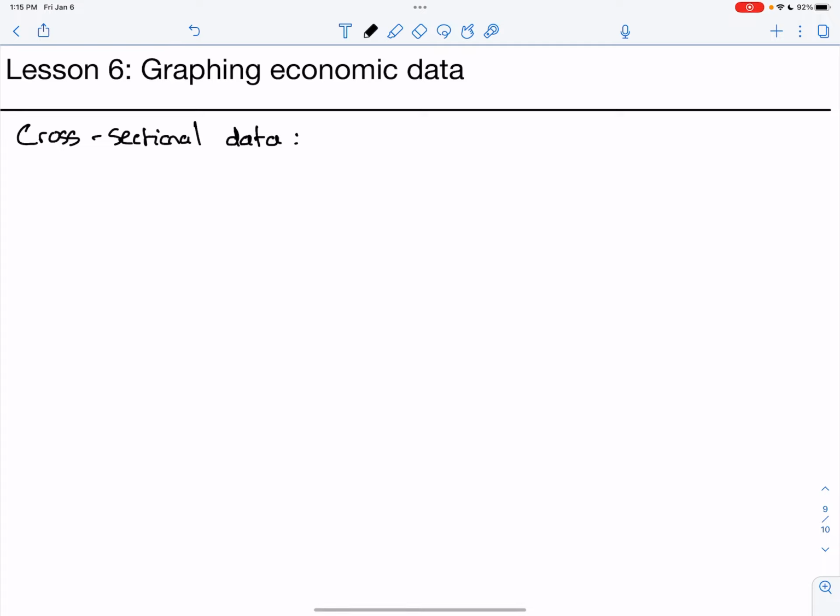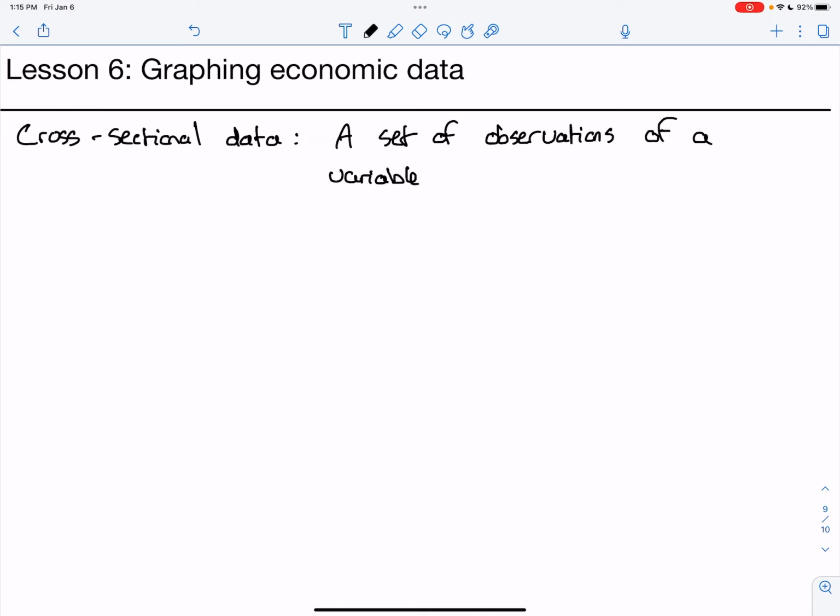data. Cross-sectional data is defined as a set of observations of a variable. So this can be housing prices, average salary, the price of a certain good, the quantity produced of a certain good, whatever.